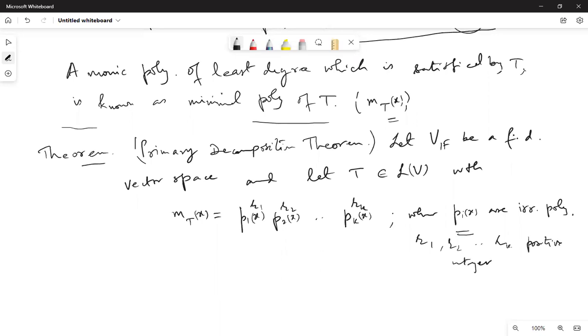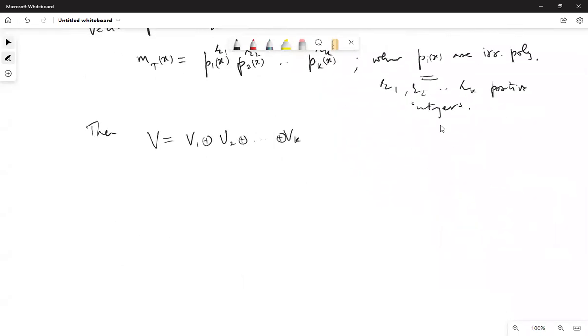Then V can be decomposed as V1 direct sum V2 direct sum and so on Vk, where these Vi are the kernels of pi(T) raised to the power ri.